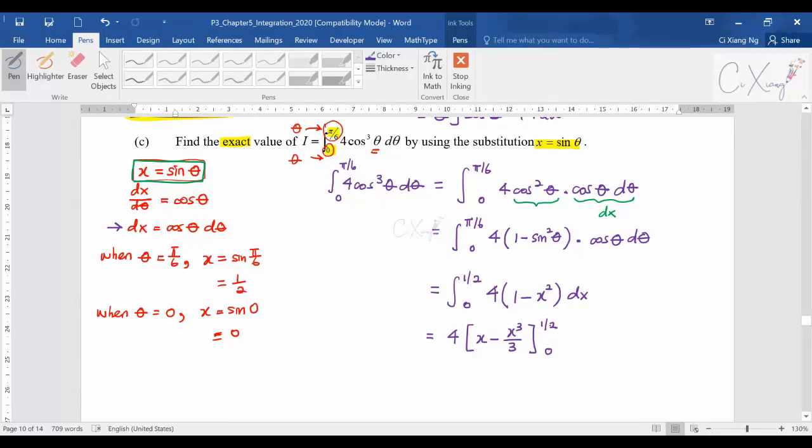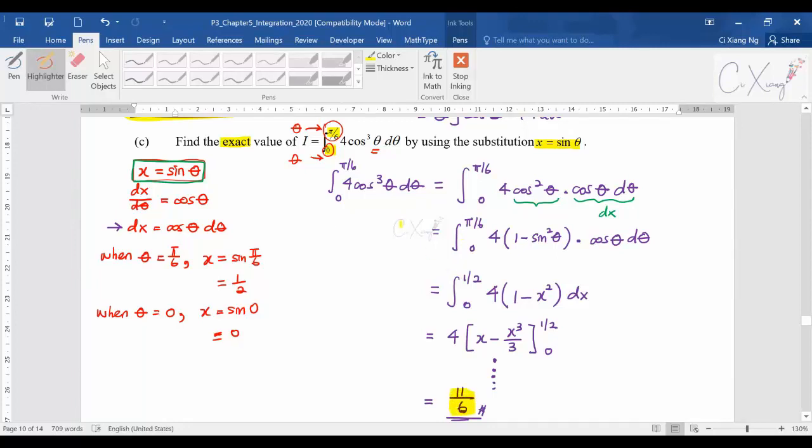After that, I think you should know how to do it because the substitution value here is very, very simple. You can straight away substitute the value into the equation and rephrase it. If you didn't make any careless mistake, the value that you get should be 11/6. So this part is quite easy, I'll just leave it for you to complete. So the final answer for this is 11/6.